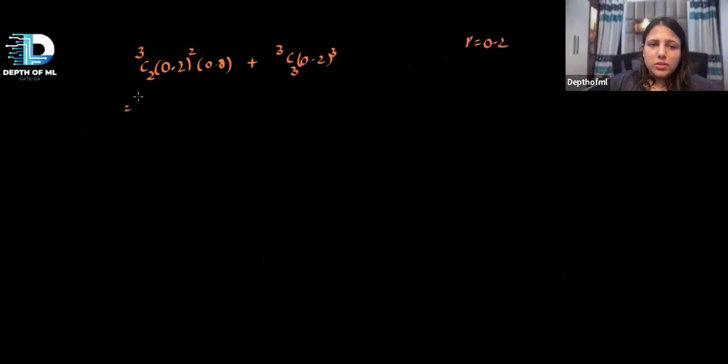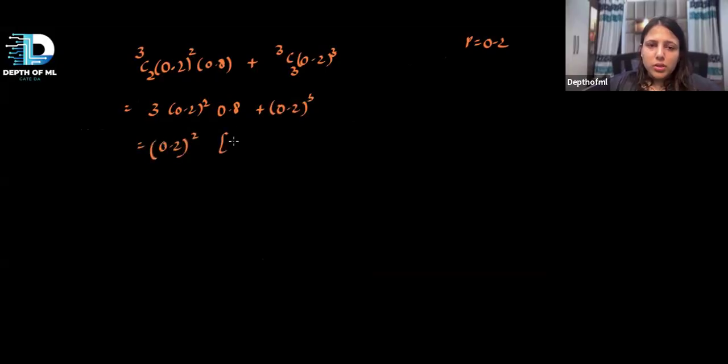So now we'll solve this. 3C2 is 3, times 0.2 to the power 2, times 0.8, plus 3C3 is 1, and this is 0.2 to the power 3. So I'll take 0.2 to the power 2 common.